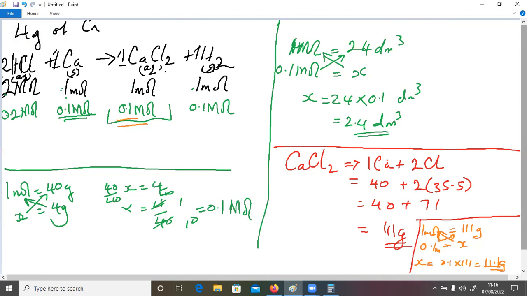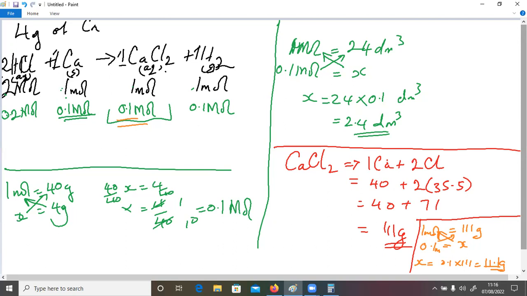The component which is not enough is what will always determine how the whole reaction will turn out.